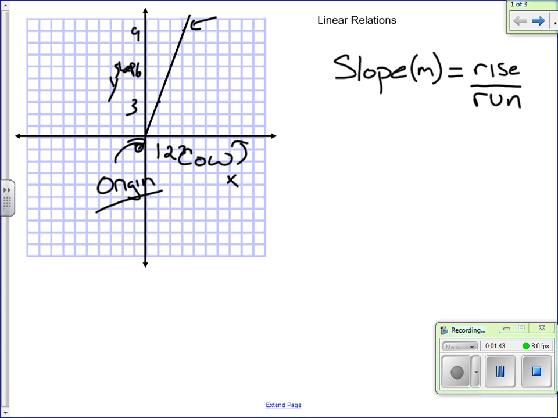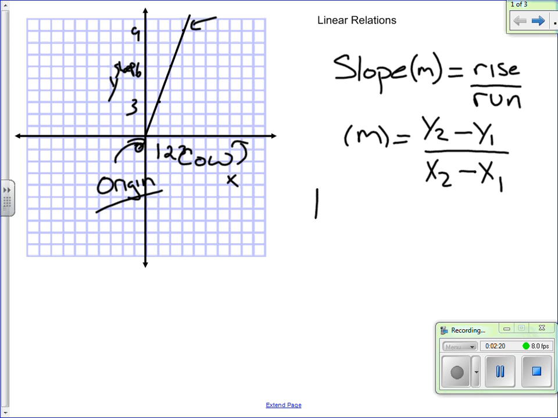In other words, to express that another way, the slope is equal to my second point on the line in terms of the y-axis, minus the first point on the y-axis. So rise 2 minus rise 1. The same is true for the run. It's the second point on the x minus the first point on the x.